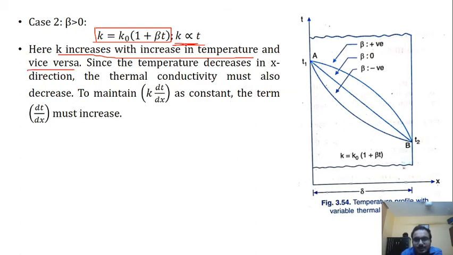Here the temperature is decreasing in this direction, because here we have the hot side and here it is the cold side, so temperature is decreasing in the x direction. As K is proportional to T, if temperature is decreasing, K should also decrease, that is, thermal conductivity must also decrease.